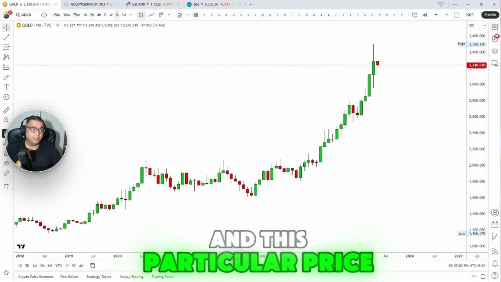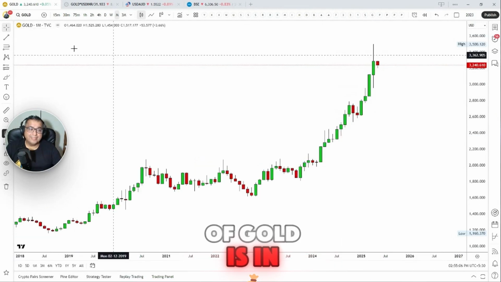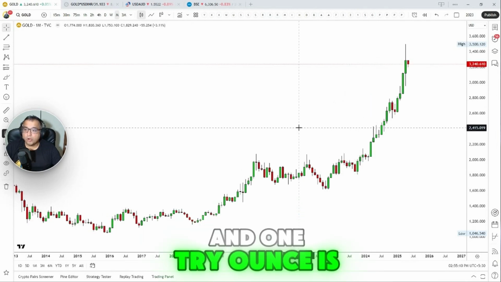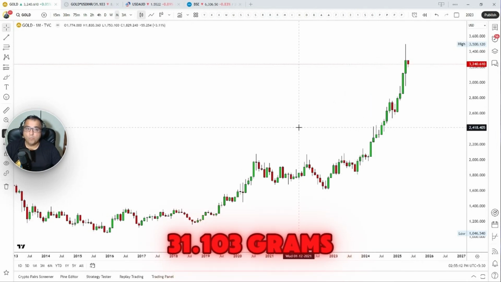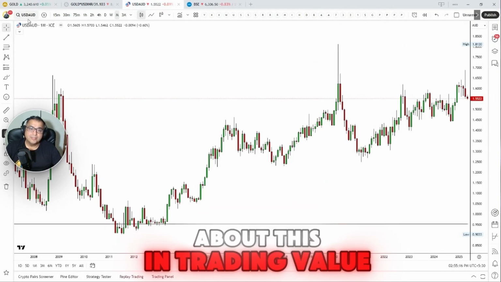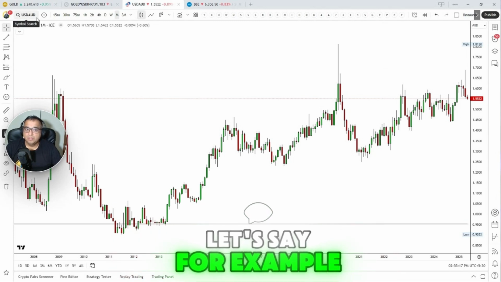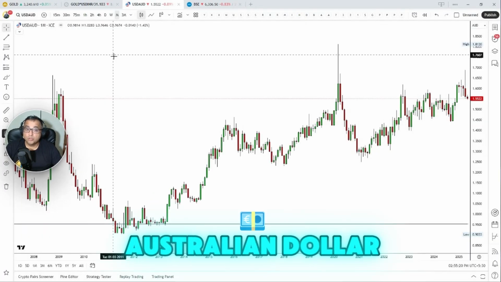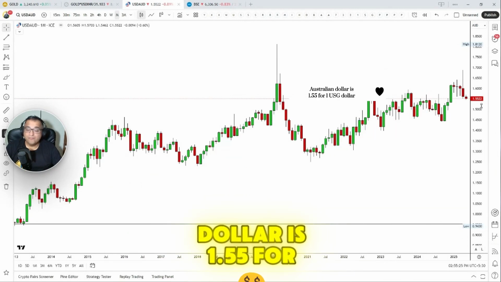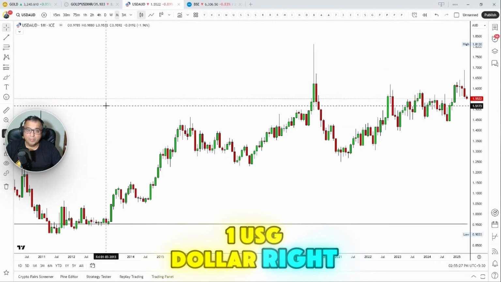And this particular price of gold is in troy ounce, and one troy ounce is 31.103 grams. Now how you go about this in TradingView, let's say for example, I want to convert into Australian dollar. So right now Australian dollar is 1.55 for one USD, right? That's a range.